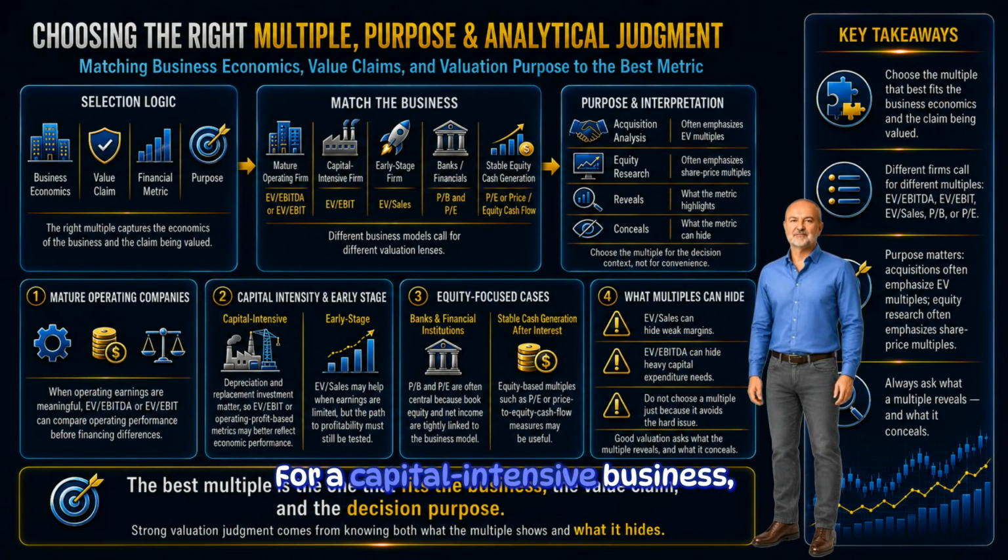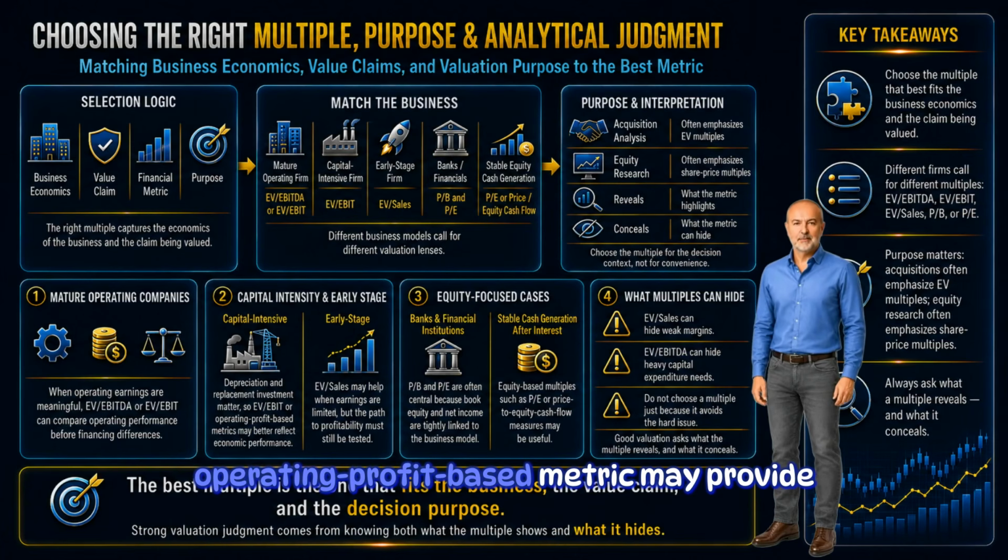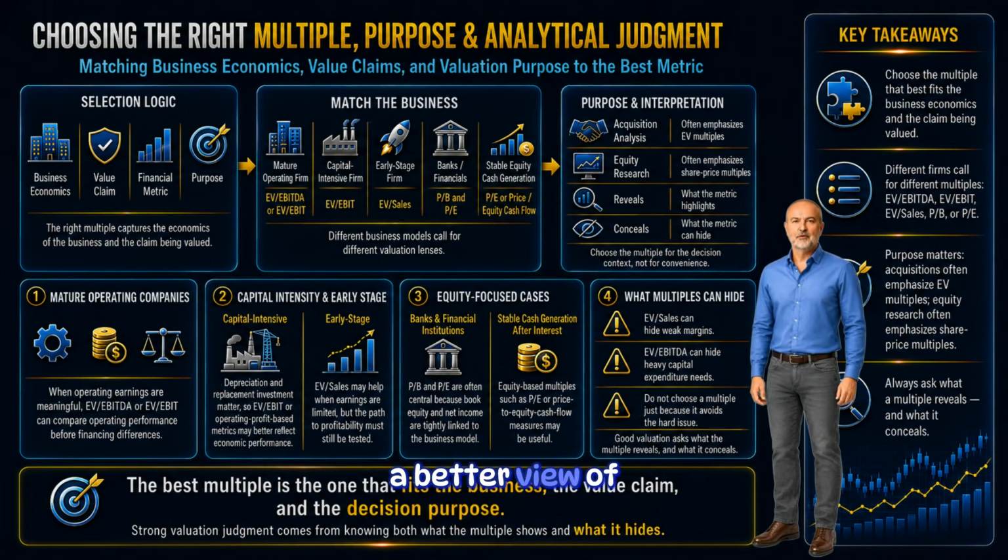For a capital-intensive business, depreciation and replacement investment matter. In that setting, EV to EBIT, or an operating profit-based metric, may provide a better view of economic performance. For an early-stage company with limited earnings, EV to sales may be useful because revenue may be more stable than current profit, but the analyst must still examine the path to profitability.